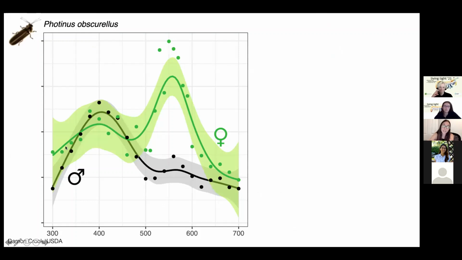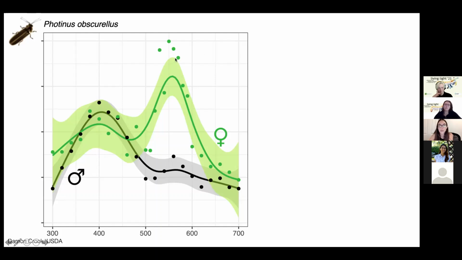We were the first to get a non-crepuscular Photinus species, and also the first to get the spectral sensitivity of a female Photinus firefly, which haven't really been studied all that much. You can see the relative sensitivity of the UV and green photoreceptors are quite different between the sexes. This could be an artifact of the time of day that the data were collected.